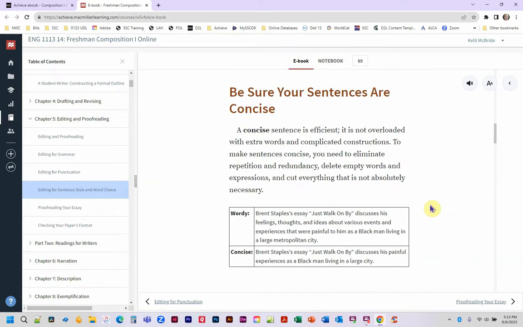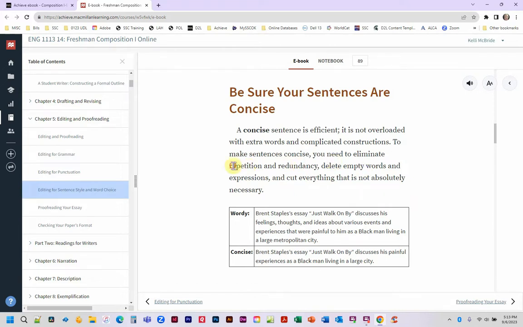Make sure that your sentences are concise. So concise isn't about how many words that you're saying something. Some people want to think that concise means short. Concise basically means that you have written the most effectively, that every word in there is precise and it is the simplest and most straightforward way of saying something, right?